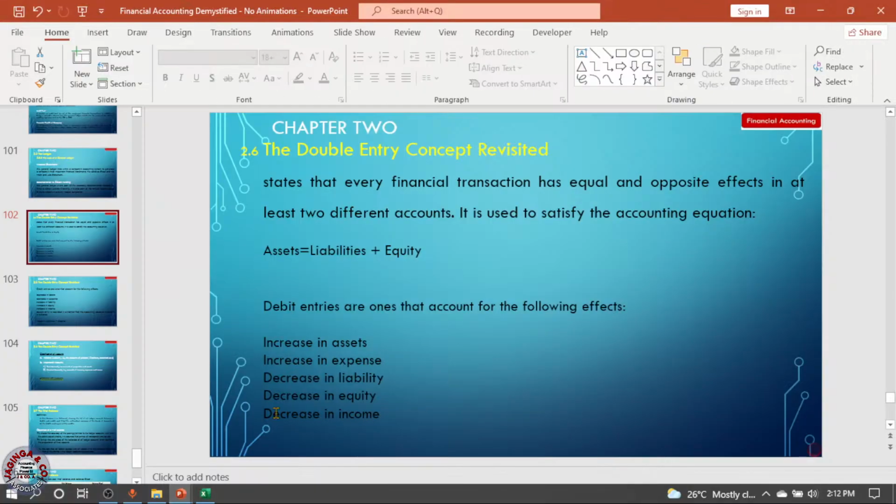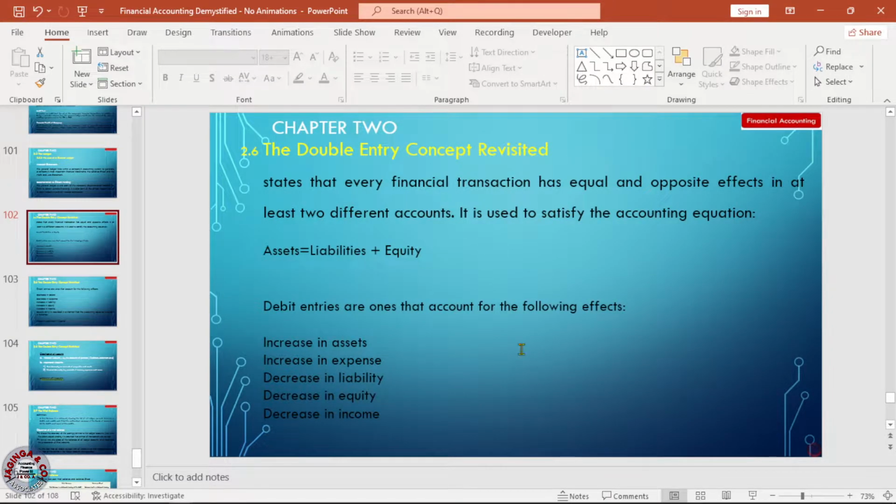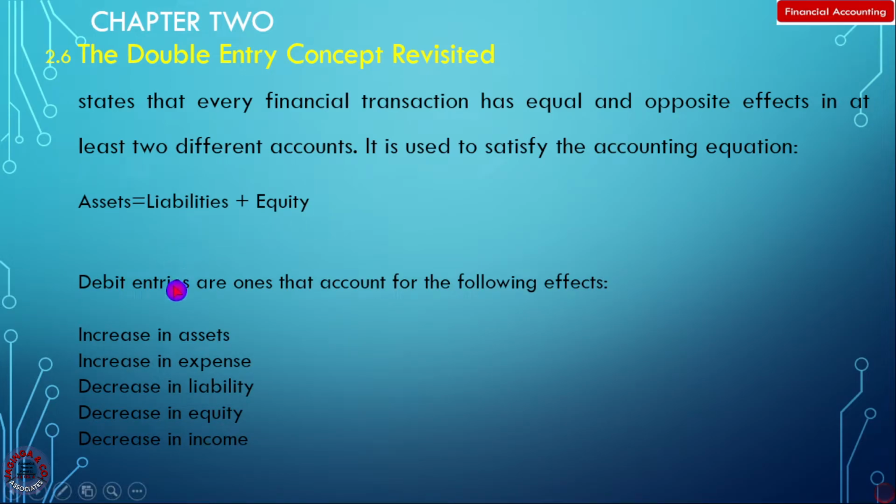So let's just go back to our slide. Again, we are saying that it is used to satisfy the accounting equation. That one we explained. And then we are saying that debit entries are ones that account for the following effects: increase in assets.